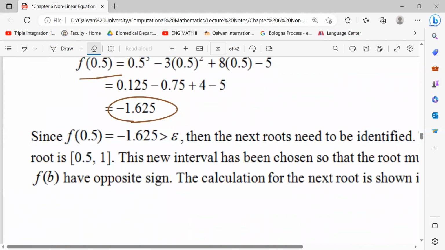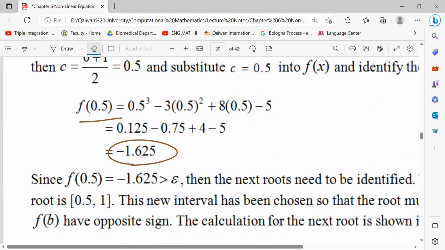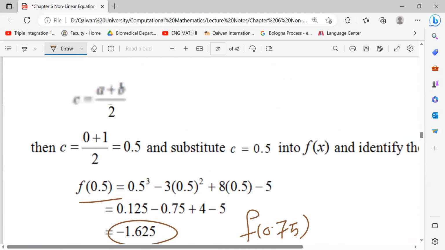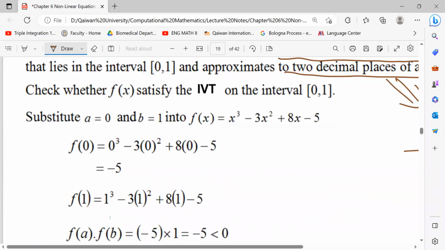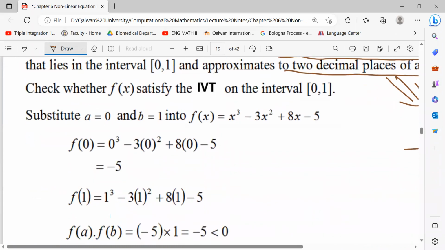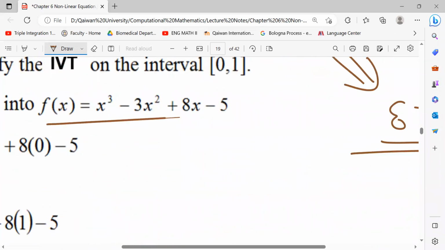We find f of that, f of 0.75. Look, our function is this. Let me check. This is our function.